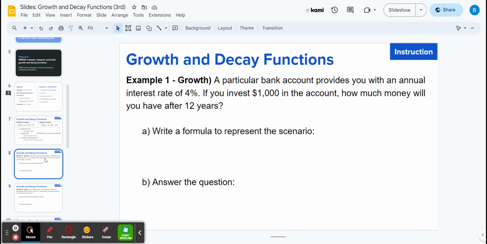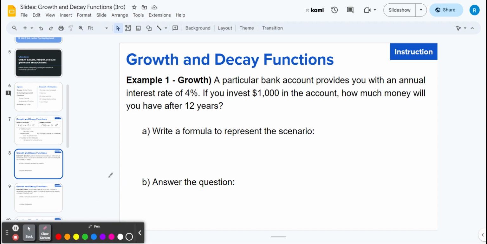So we're just going to jump right into examples here because I think it's the best way to learn this. Example 1 deals with growth. A particular bank account provides you with an annual interest rate of 4%. If you invest $1,000 in the account, how much money will you have after 12 years? So we're going to write a formula to best represent this scenario.